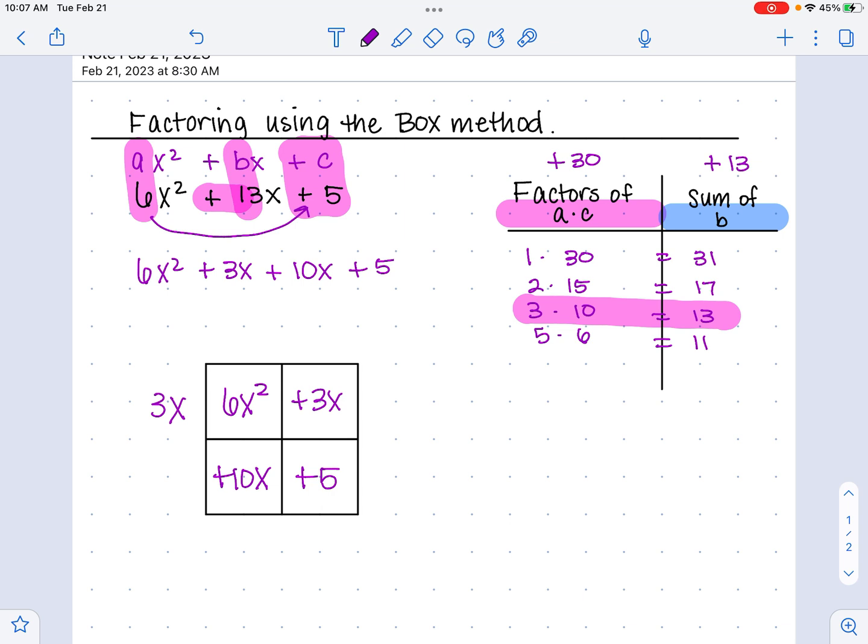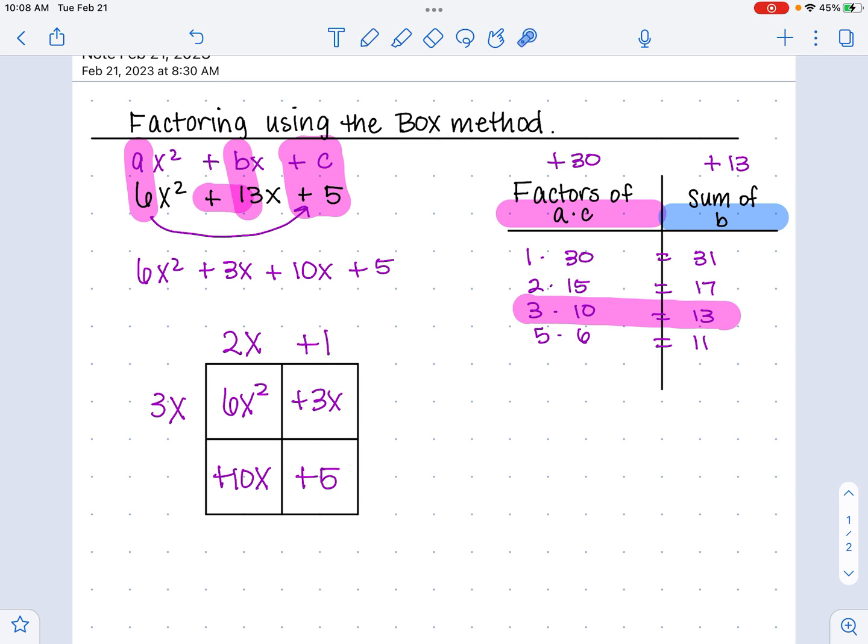So I can ask myself, what times 3x will give me 6x squared? 2x can go at the top, because 2 times 3 gives me 6, and x times x gives me x squared. Now what about this 3x? 3x times what will give me 3x? That will be 1, so I can place a 1 on top.